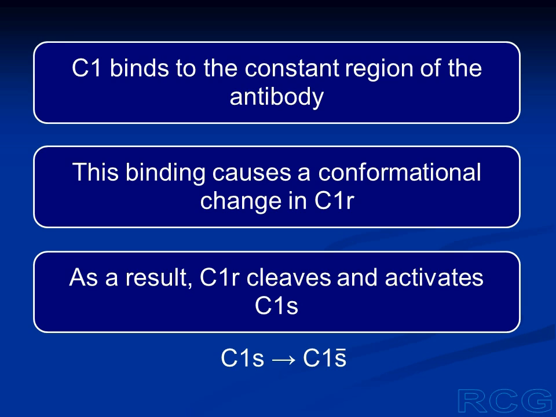After this C1 binds to the constant region of the antibody, there is a conformational change in C1R. So this binding of C1 to the constant region of the antibody causes a conformational change in C1R, and now the C1R acts on C1S, and C1S is cleaved and it is activated.